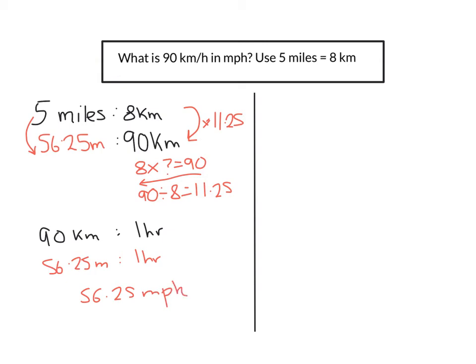Now I've left a space on the right hand side just to show you a different way of doing it. Again, start off 5 miles is 8 kilometres. I want to know what 90 kilometres is. So you need to think, well, how do I get from 8 to 5? So 8 times what is 5?